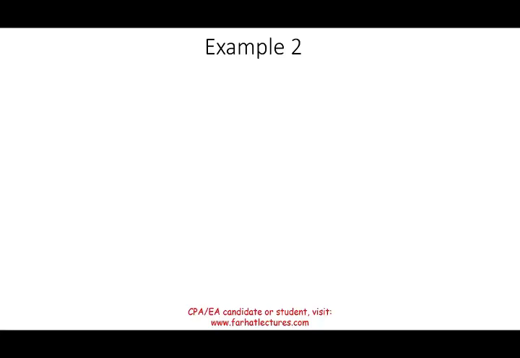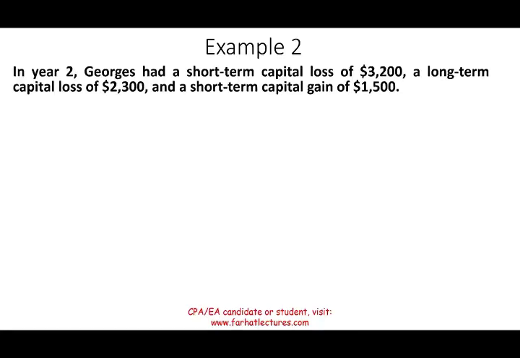Let's look at Example 2. George had a short-term capital loss of $3,200 and a long-term capital loss of $2,300. Together, that's $5,500. And a short-term capital gain of $1,500.